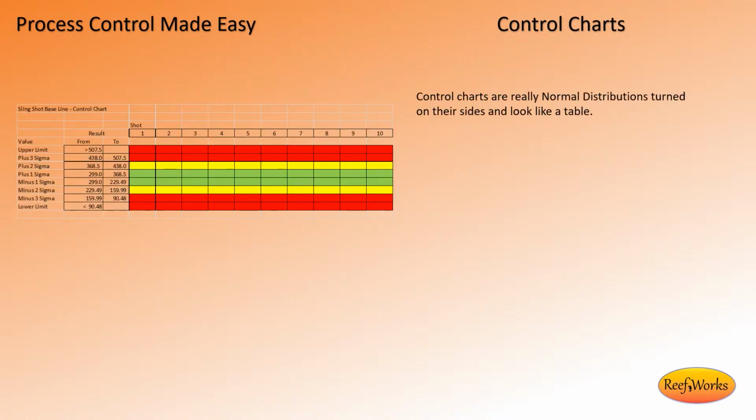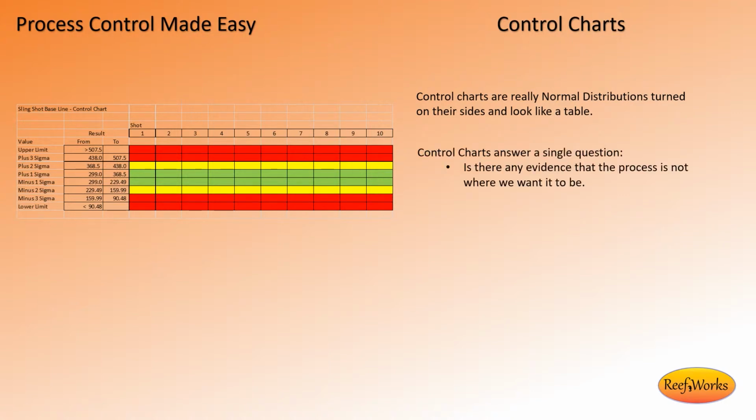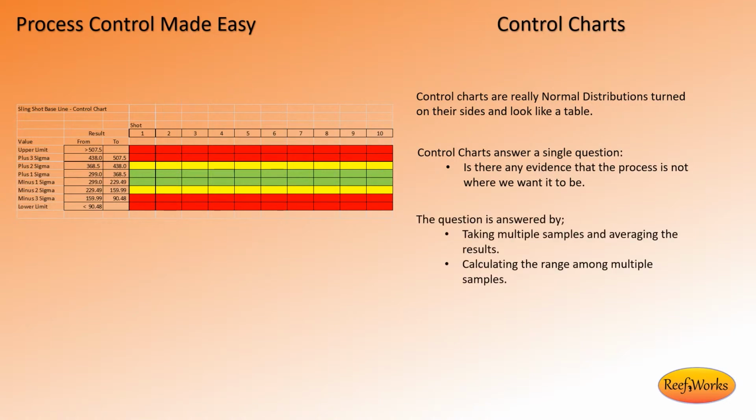A control chart is a normal distribution turned on its side, and it looks like a table. Now we've added some colors here. We'll explain that in just a little bit. They really answer one single question, and that is: is there any evidence that my process is not where I want it to be? We do that by looking at the probability of a result ending up in any single category.